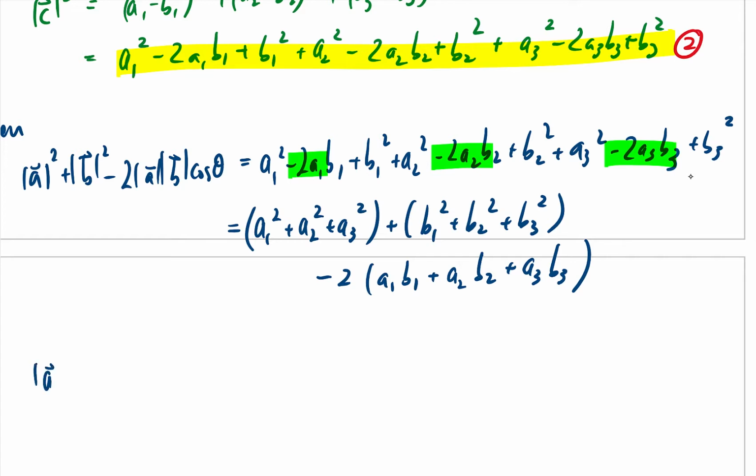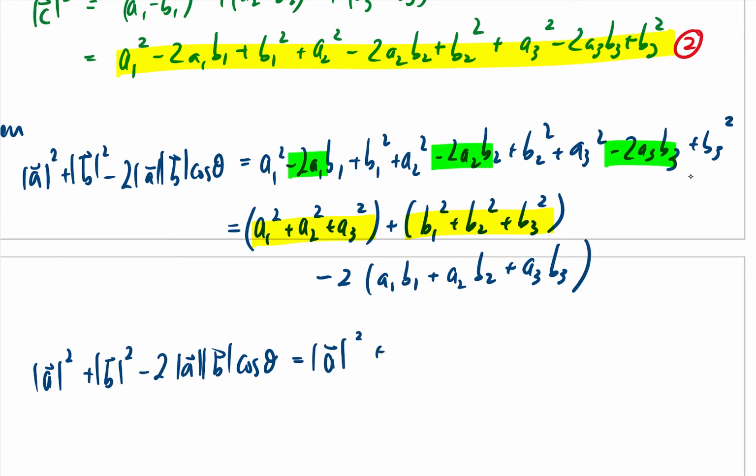So I have the magnitude of a squared plus the magnitude of b squared minus 2 magnitude of a, magnitude of b, cosine theta. Notice that this is the magnitude of a squared, this is the magnitude of b squared. So on the right side I have the magnitude of a squared plus the magnitude of b squared.